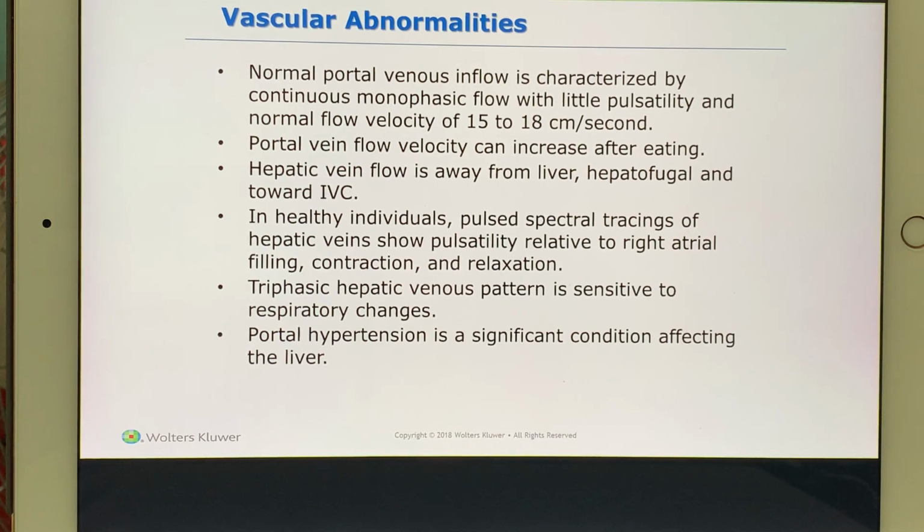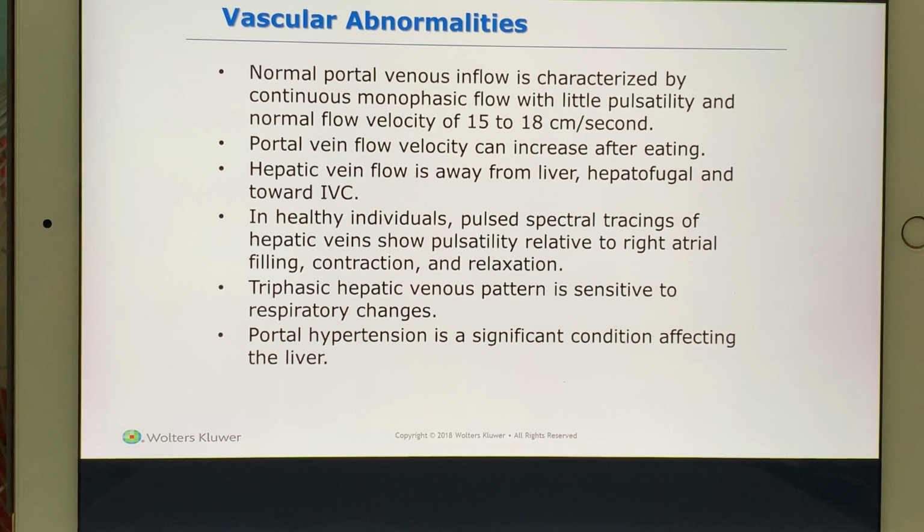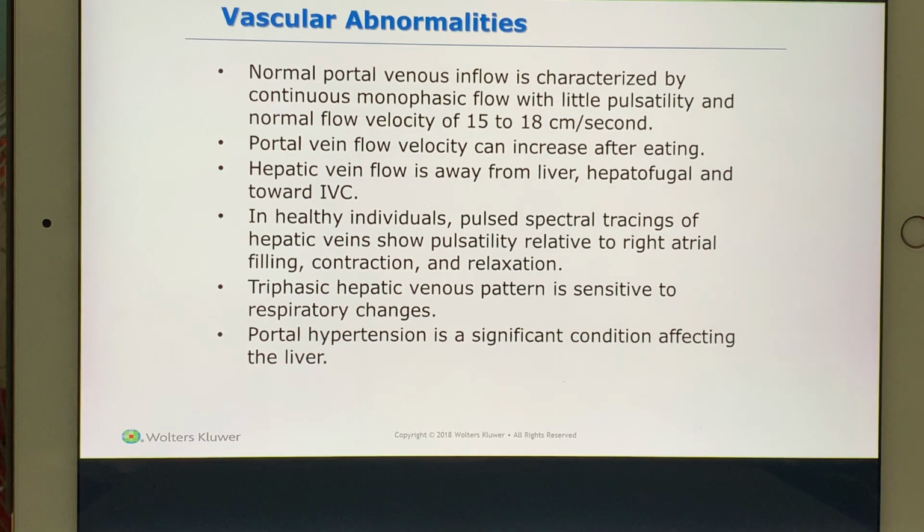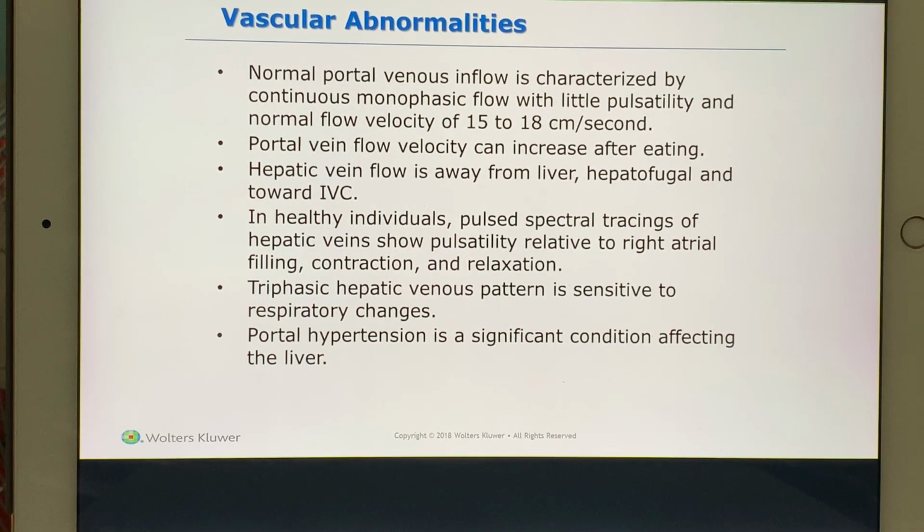Okay, so the IVC is what we call triphasic. The triphasic is where it looks like it's sensitive to respiratory changes. Because we can have the patient hold their breath, that increases the abdominal pressure, which dilates the IVC. Okay?